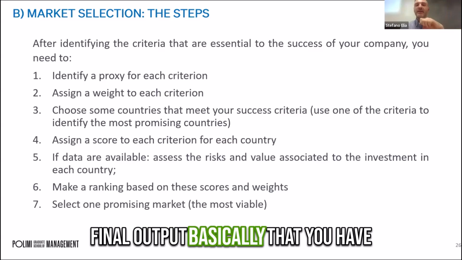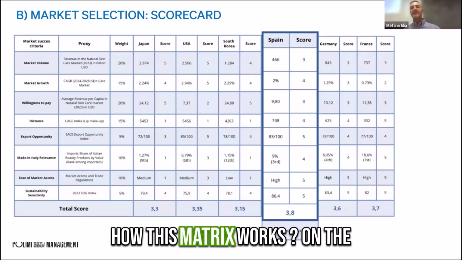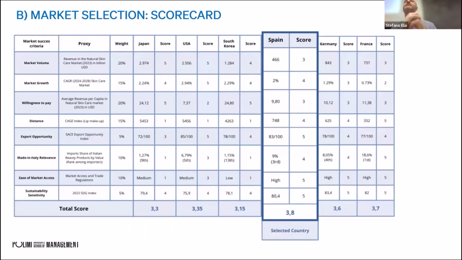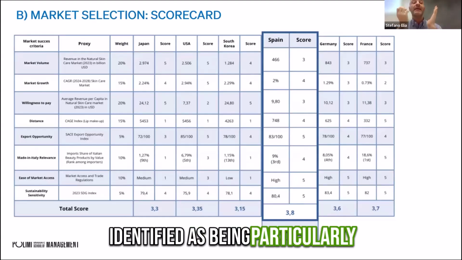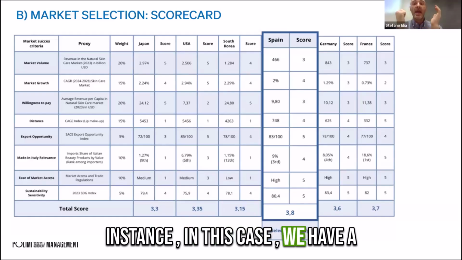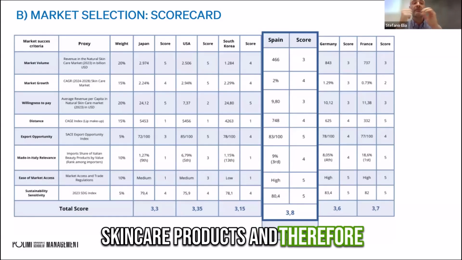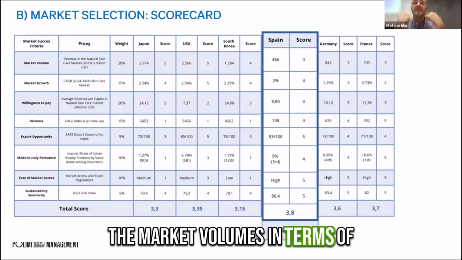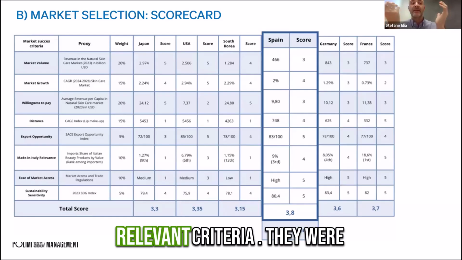The final output that you have is a matrix like this one, okay? So how does this matrix work? On the columns, you find the main criteria that you have identified as being particularly relevant for your company. For instance, in this case, we have a company selling skincare products, and therefore the market volume in terms of skincare products is one of the most relevant criteria.